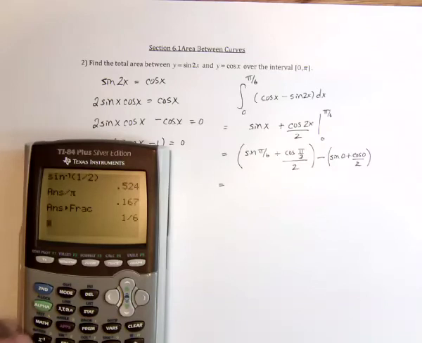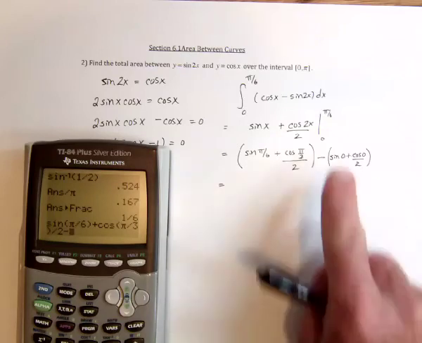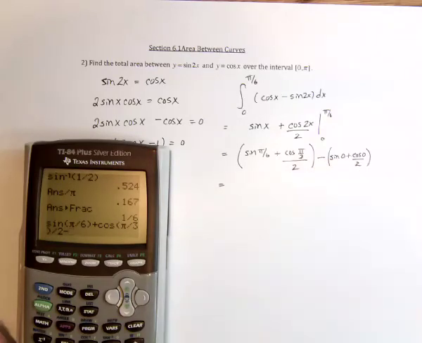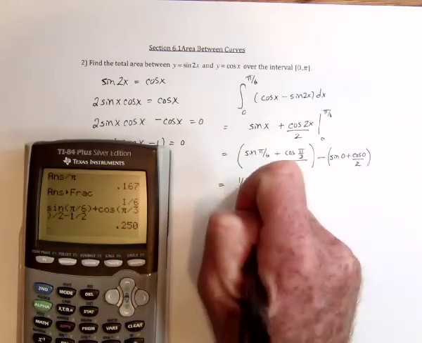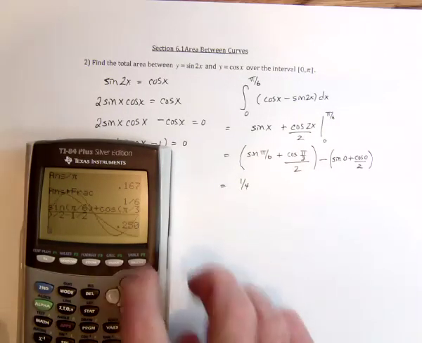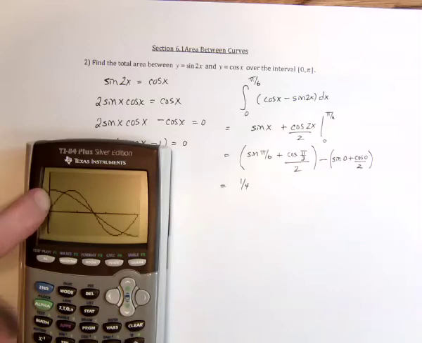So we've got a sine of pi over 6, and then a cosine of pi divided by 3, which then gets divided by 2, minus, so sine of 0 is 0, cosine of 0 is 1, so it's really just minus 1/2. So all of that turns out to be just 1/4. And then next, so this area in here is 1/4.